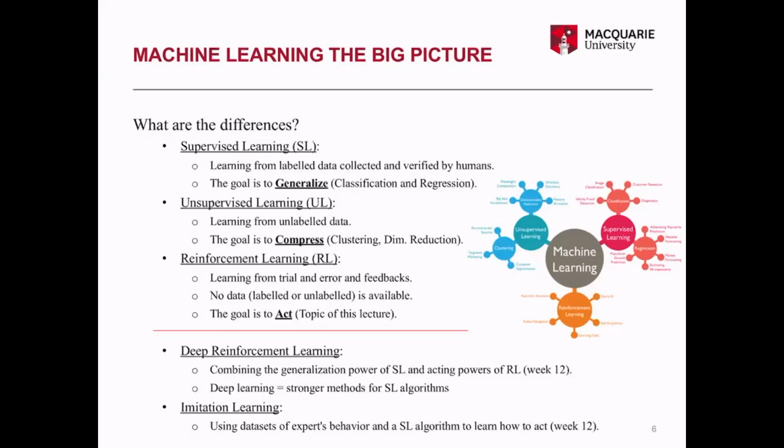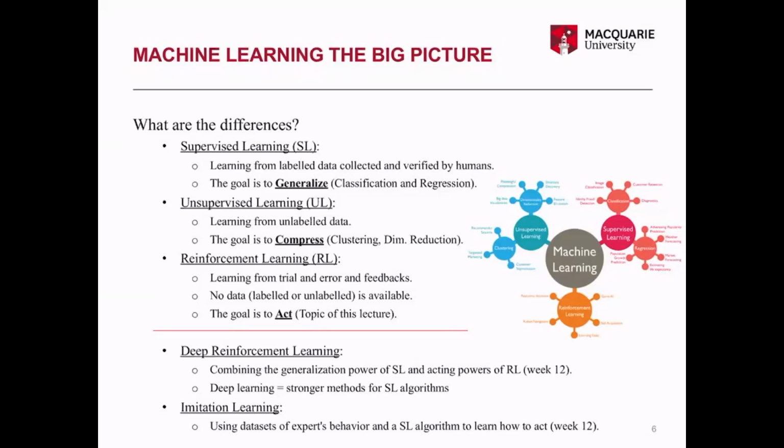In unsupervised learning, which we haven't covered yet, so I think you'll see some of it in the second part of this course, we don't have any labeled data. The goal is to compress, and a good example of that is clustering and dimensionality reduction. In conventional machine learning, we have k-means and PCA for dimensionality reduction.